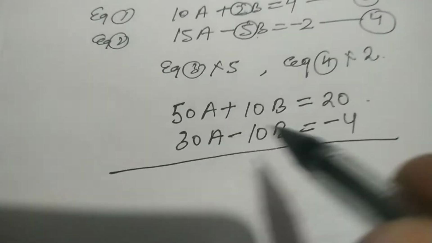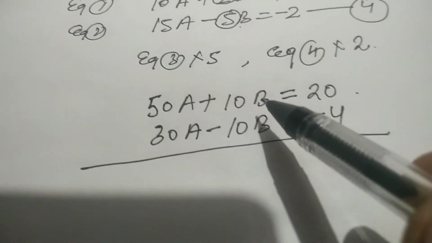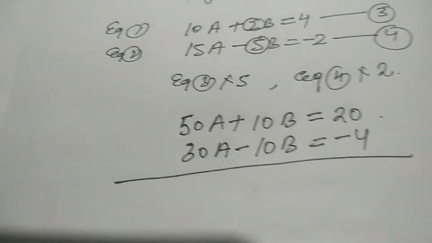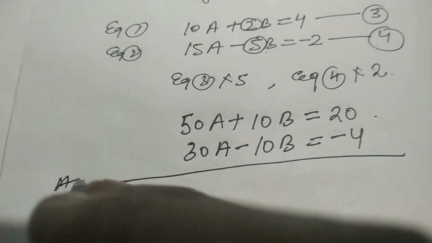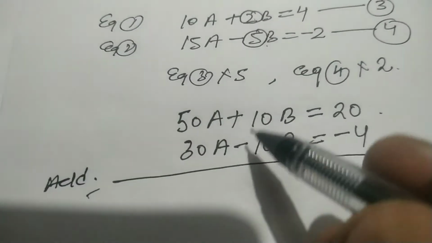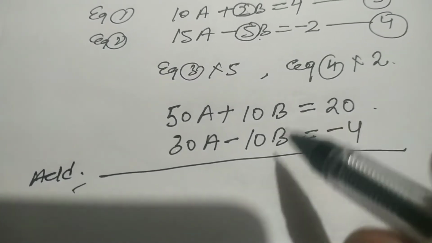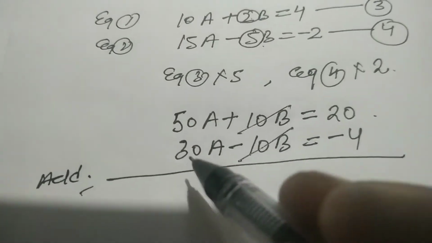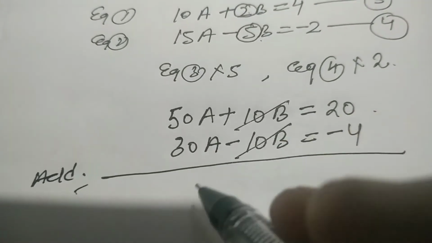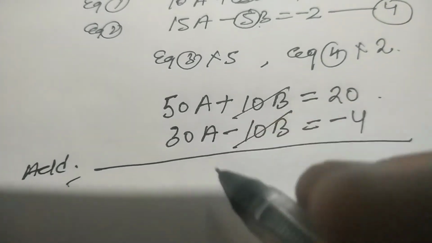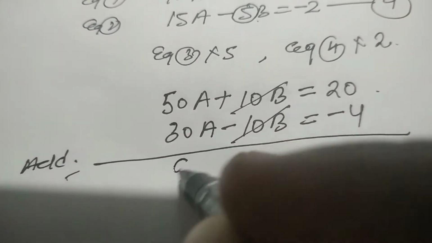Now the coefficient of b is 10 here, and here it is minus 10. So we will add these two equations. Because the sign is opposite and the coefficient is the same, we can eliminate b easily. The 10b cancels out, and we have 50 plus 30, which is 80a.